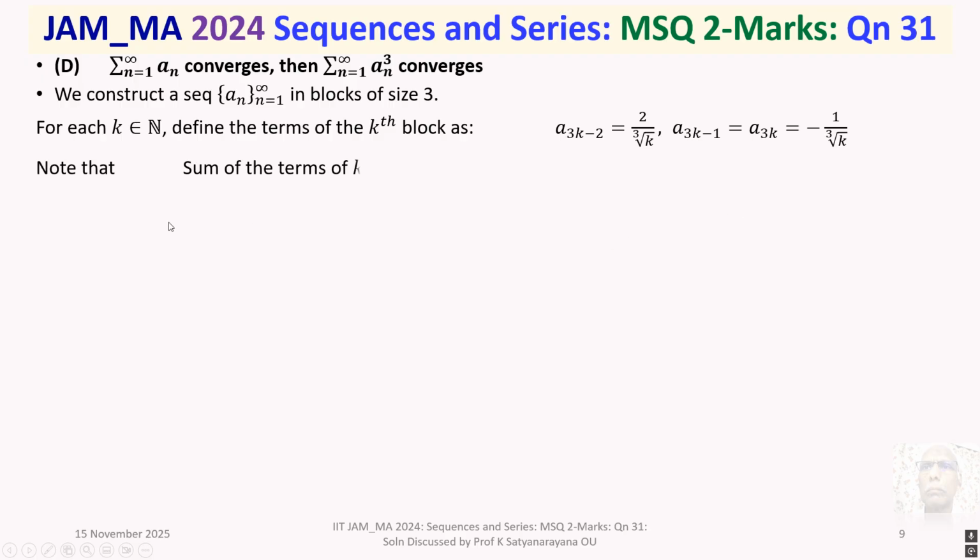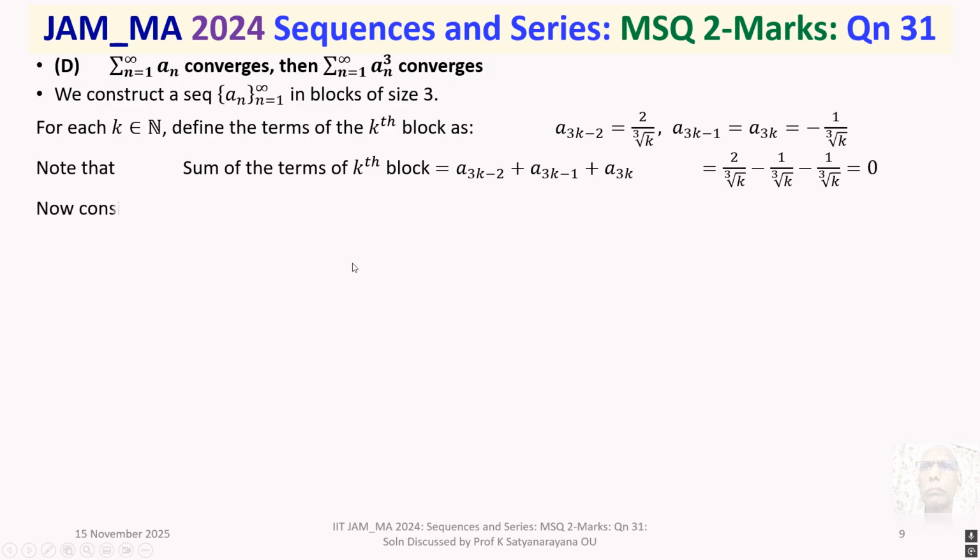Now, notice the sum of the terms in the kth block. A 3k minus 2 plus A 3k minus 1 plus A 3k, on substitution, is equal to 2 by cube root of k minus 1 by cube root of k minus 1 by cube root of k, which is equal to 0.